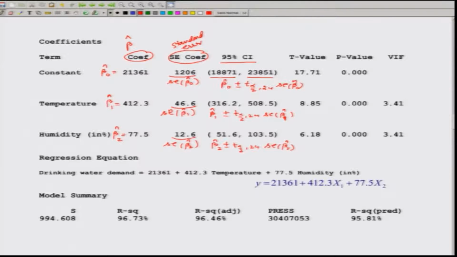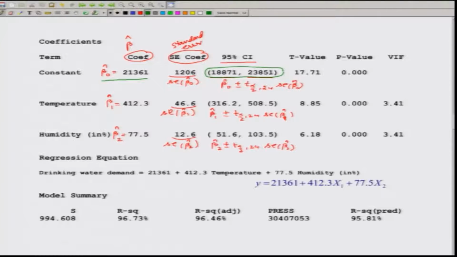So before we go to the next column, let us try to understand the interpretation. On the basis of the given set of data, we can say that the value of the intercept term here is 21361. This is the point estimate, and the confidence interval for beta naught is like this. This means the value of beta 0 is going to lie between 18871 and 23851.